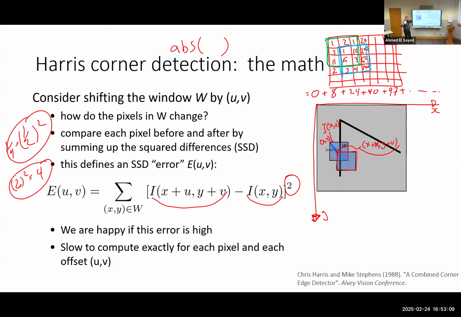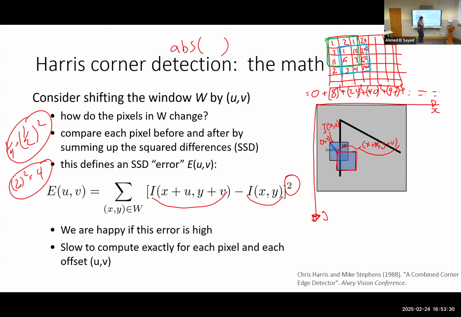And for every value, I will square it. This way, I can easily catch the difference between them. Is this clear? Any problem about that?